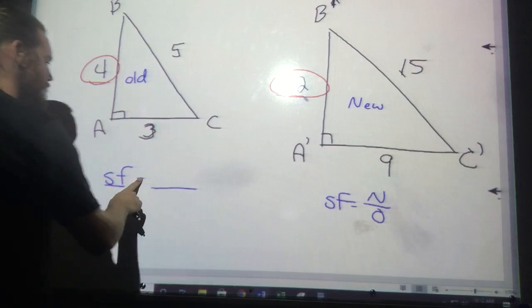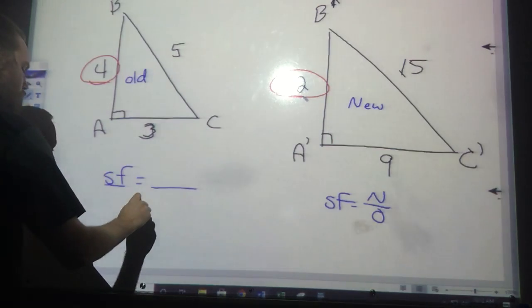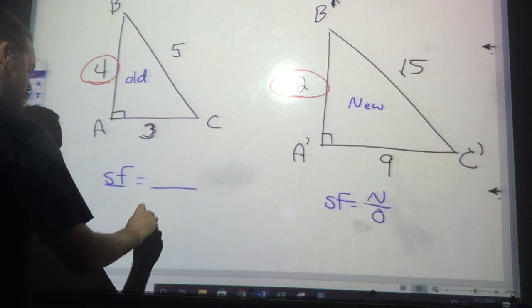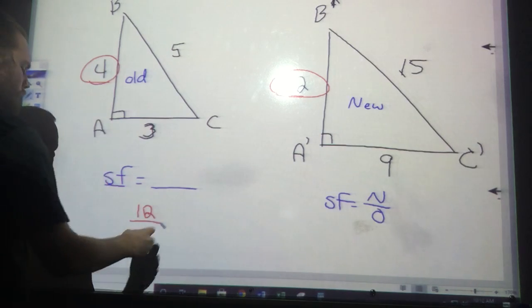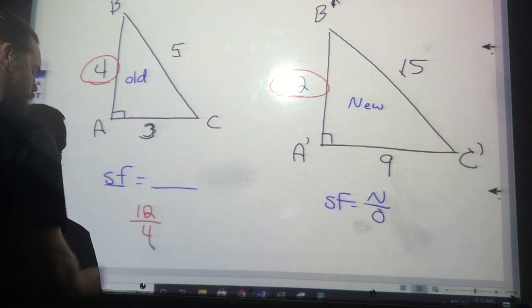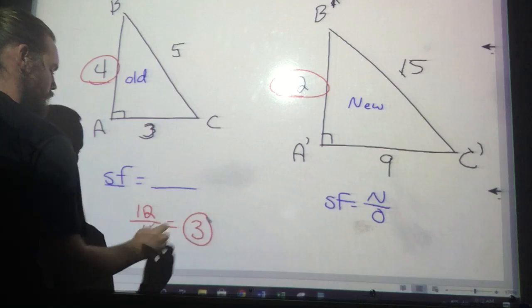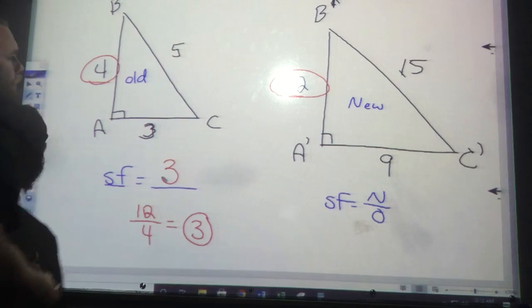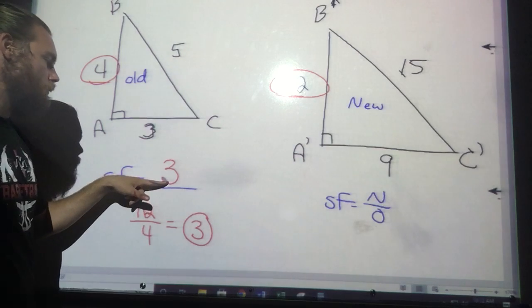Our new measurement, the new shape, is 12, and you're going to divide by the old shape. So 12 divided by 4 should give you 3. So the scale factor from the old shape to the new shape is 3.